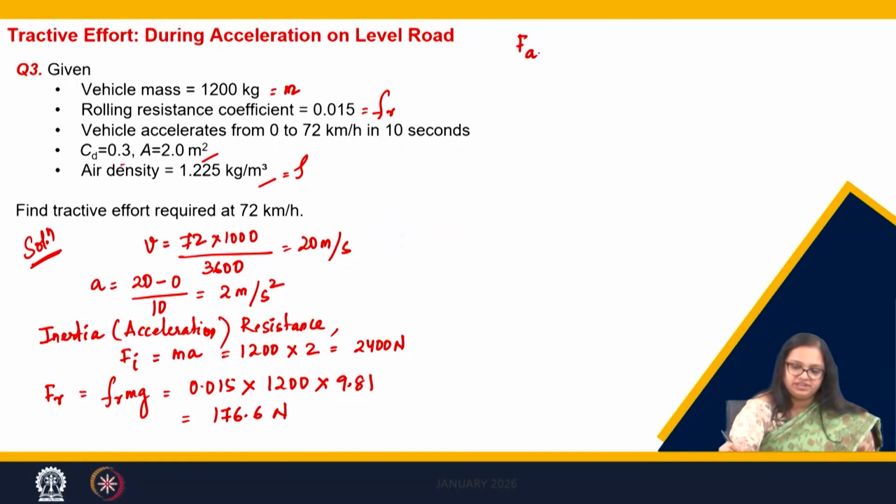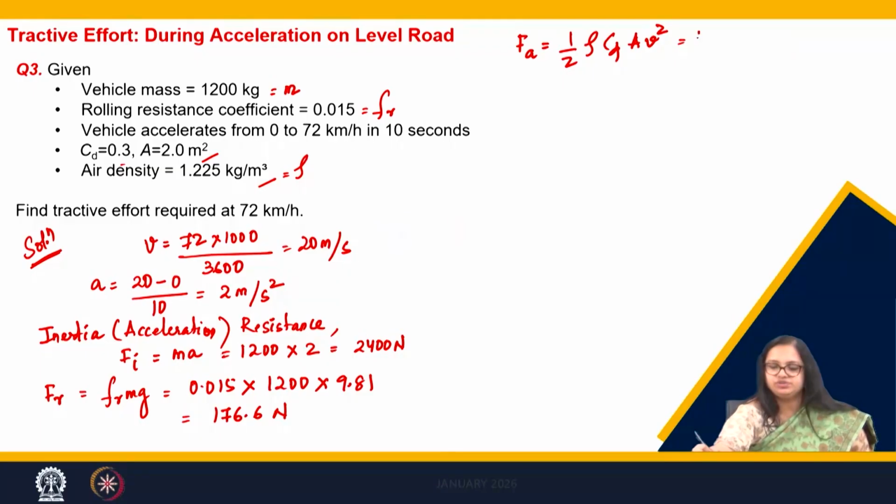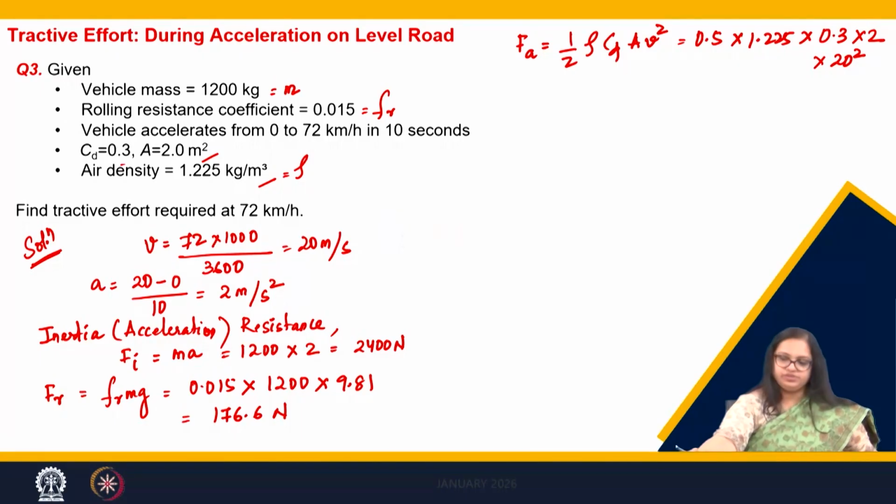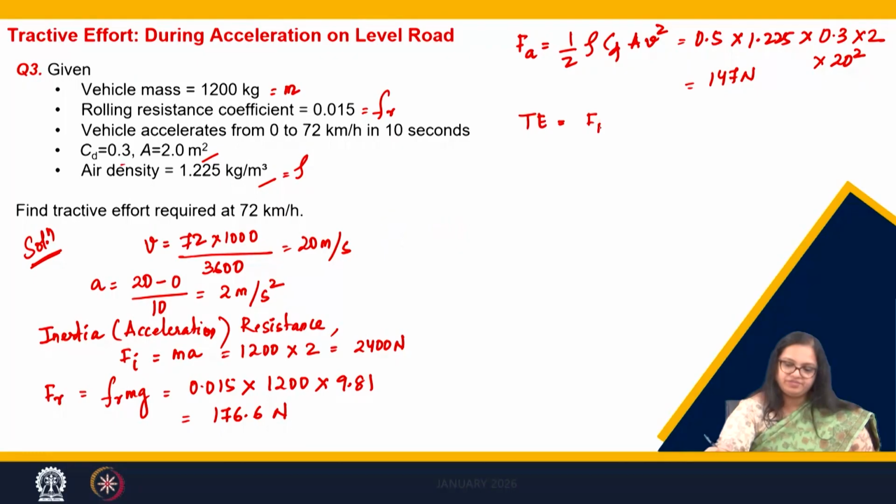Now, Fa, the aerodynamic force, is half rho CD A V square, which is 0.5 into 1.225 into CD 0.3 multiplied by 2 multiplied by 20 square, which is equal to 147 Newton.